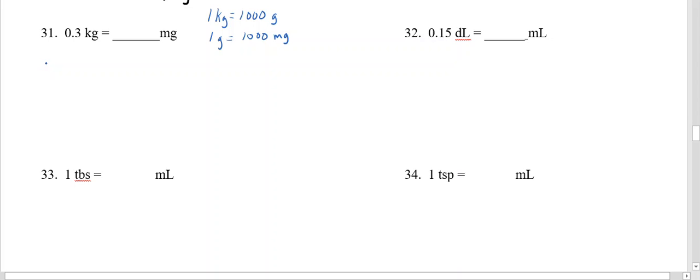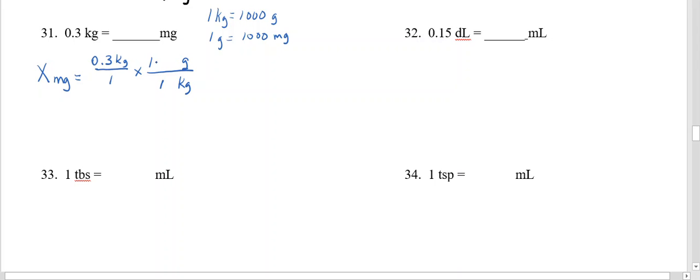Okay, so I start with my X, the unit I'm looking for, which is milligrams. That kind of tells me where I need to stop. What I know, 0.3 kilograms over 1, and then times my first conversion. So I've got kilograms here, so I'm going to put kilograms on bottom, and since I'm taking 2 steps and I know the conversion from kilograms to grams, my grams is going to go on top.